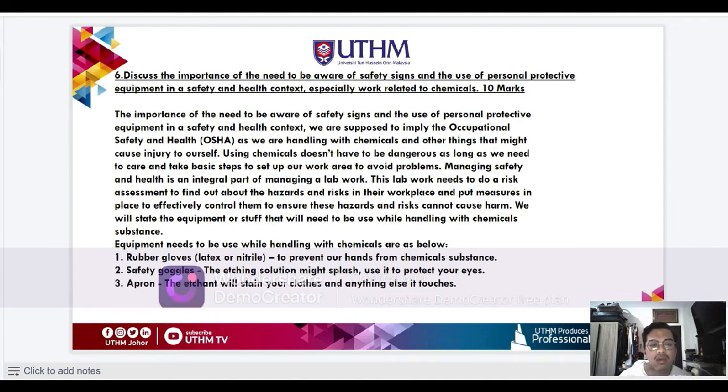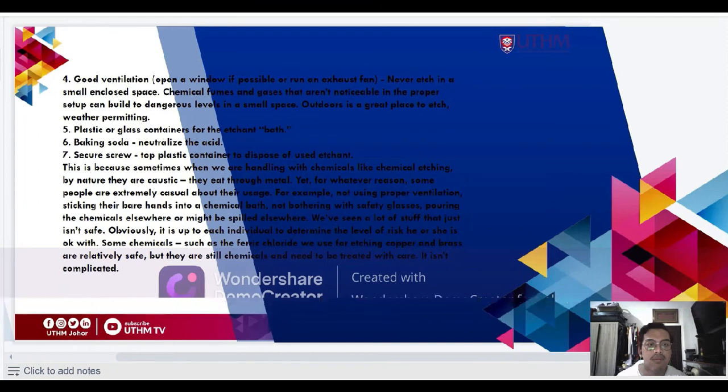These are the equipment that needs to be used while handling chemicals. First, rubber gloves. Second, safety goggles. Third, an apron. Fourth, good ventilation. Fifth, plastic or glass containers for the etching bath. Sixth, baking soda. Seventh, a secure screw.